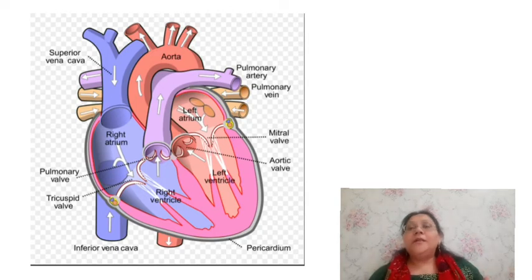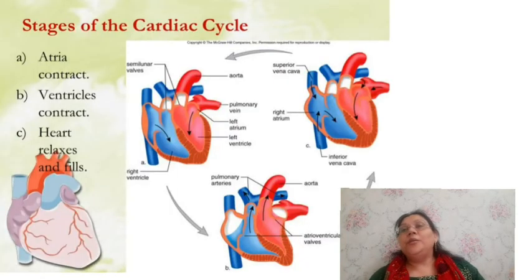Blood from the lungs is carried by the pulmonary vein to the left atrium. From the left atrium, the blood moves to the left ventricle through the bicuspid valve, and from the left ventricle, the blood is pumped to all the parts of the body through the aorta.